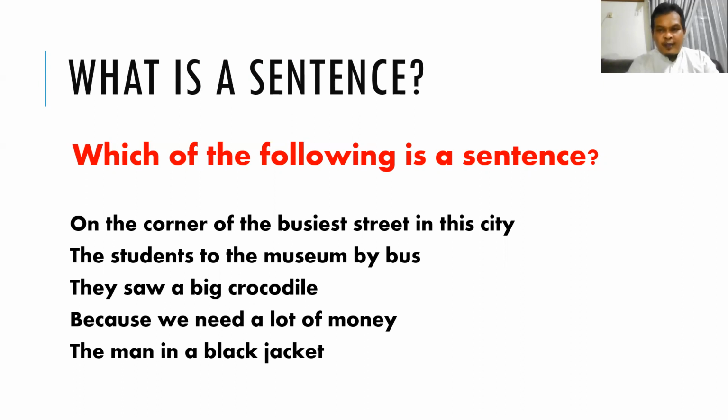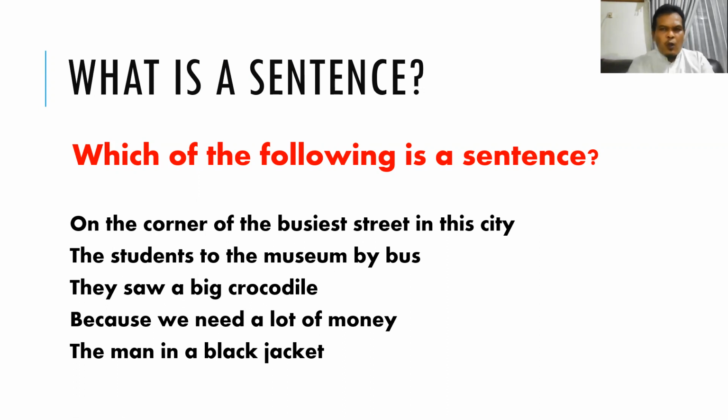Okay, once again, a sentence must have at least one noun phrase and one verb phrase and must have a complete meaning. So we can see that they saw a big crocodile gives us a complete meaning of the message delivered to us. Meanwhile, on the corner of the busiest street in the city, this structure doesn't have a verb phrase. The next one, the students to the museum, is the same case.